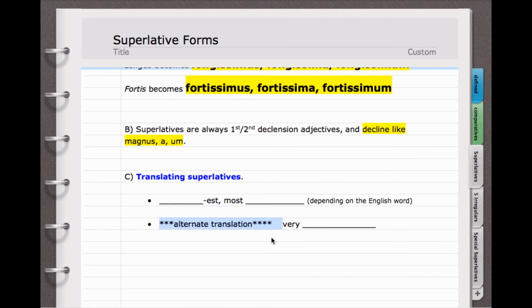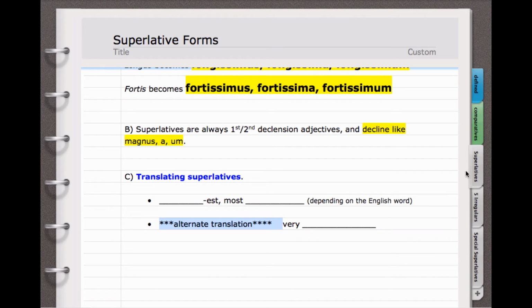Sometimes the Romans use superlatives when they're actually not really comparing anything, and they just want to say that this guy is very brave rather than bravest. So keep that in mind. Sometimes very whatever is going to make a better translation.